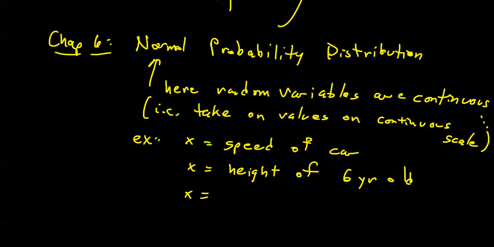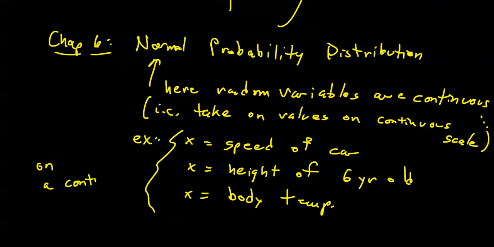X could be, make up anything you like, I suppose, a body temperature. Right? All these values of x are on a continuous scale, or measured on a continuum, if you like. Right? We're not restricted to integer or even separate discontinuous values of x.